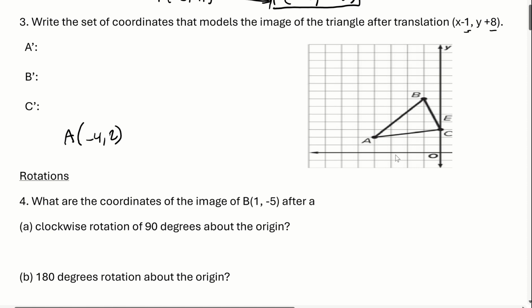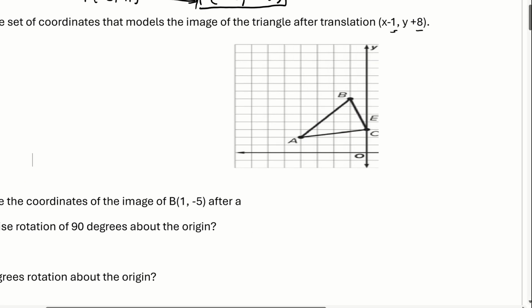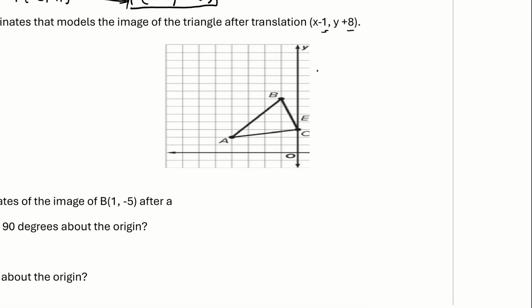Let me just do it over here. So you got A is -4, 2. B is -1, 7. And then C is 0, 3.